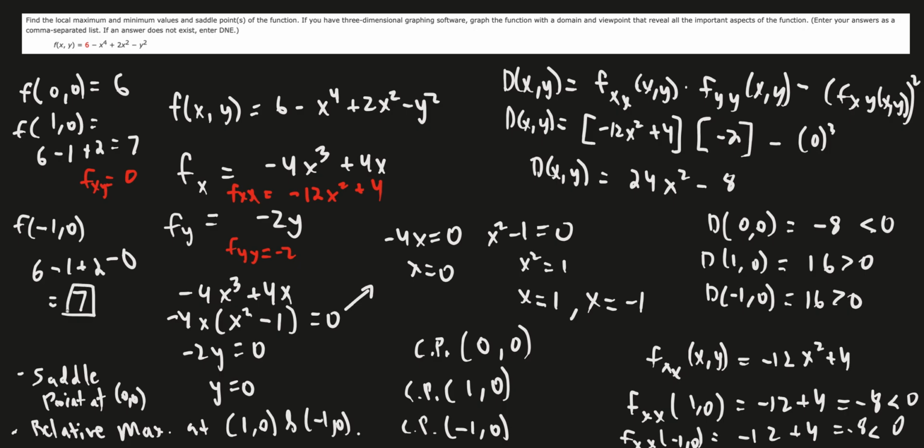And so really we have two different locations where we get the same relative max. So at two different locations we get the value 7, which is our relative max. So this is the value of our relative max, and this is the value of our saddle point, and we're done with this problem.